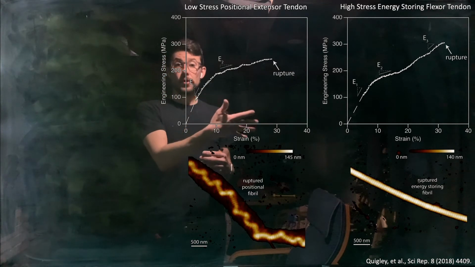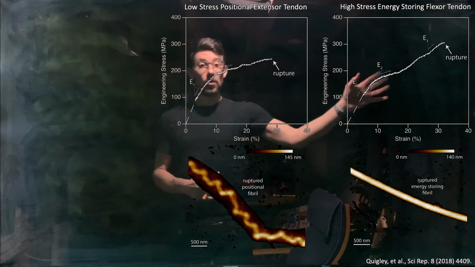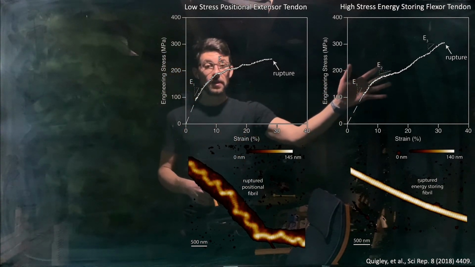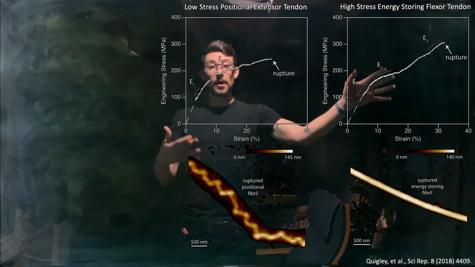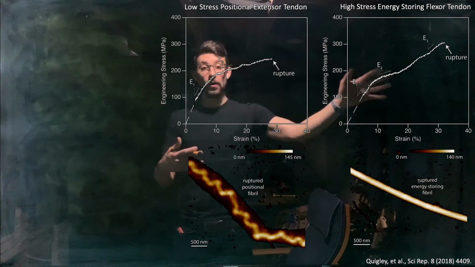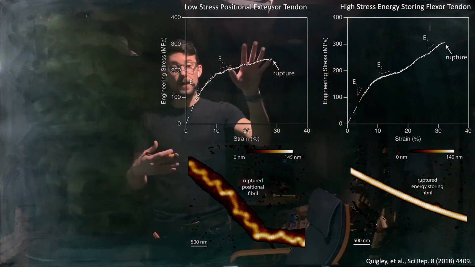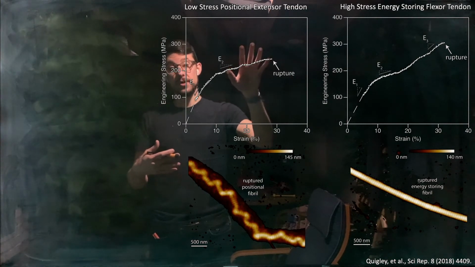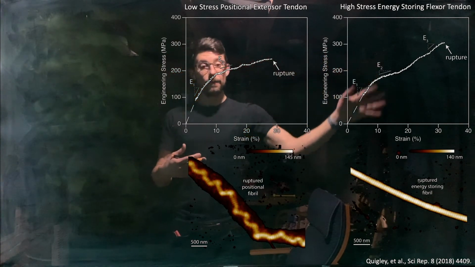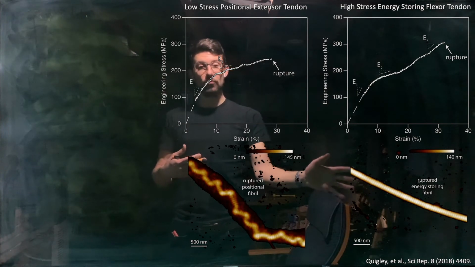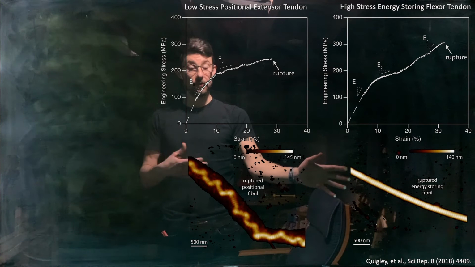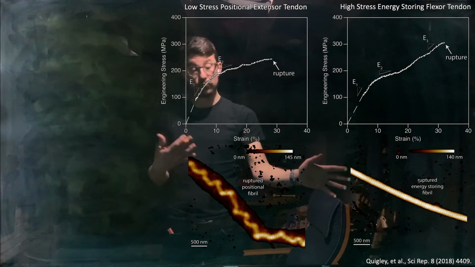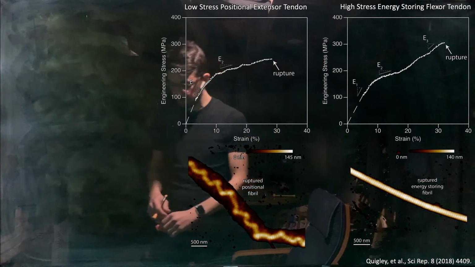So the story seems to be that even though these tendons that undergo high stress and store energy to help power locomotion are less strong than the lower stress tendons, they have fibrils that are much more resistant to structural damage, or structural rearrangement of their substructures.